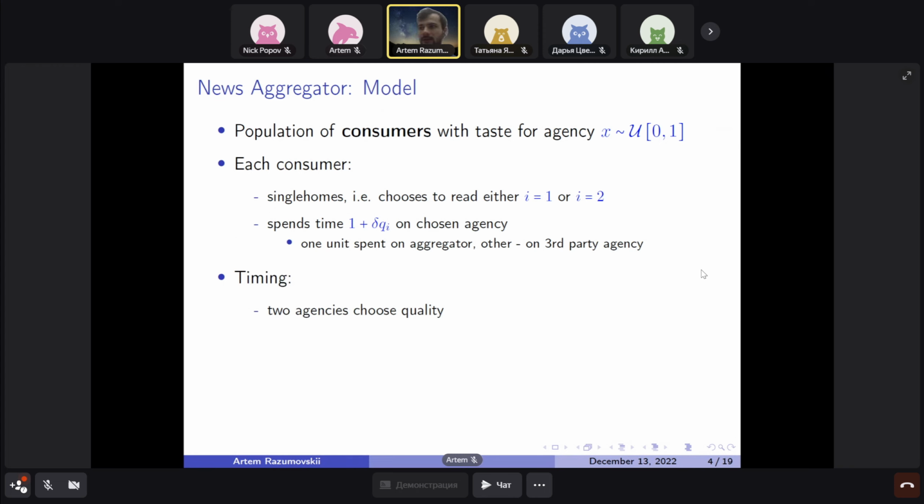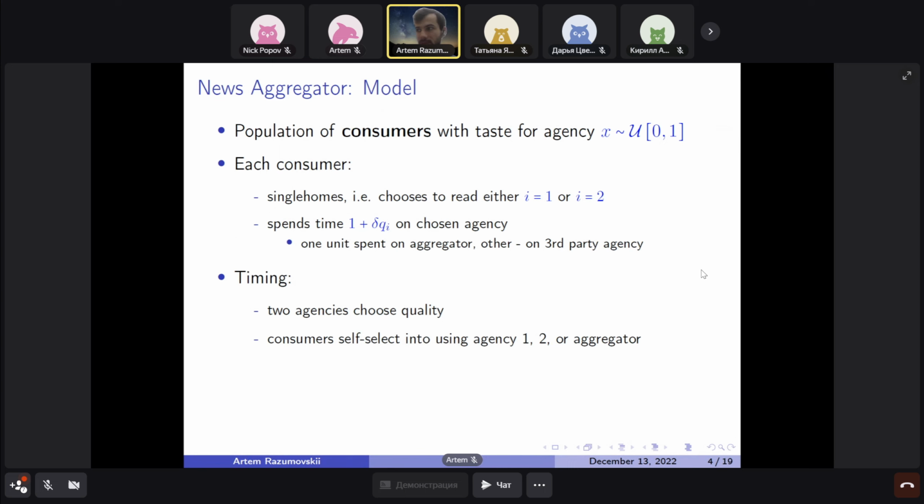And then the timing of the game is the following. Firstly, agencies choose the quality. You remember the interval from 0 to 1, so they choose how much to produce with good quality.